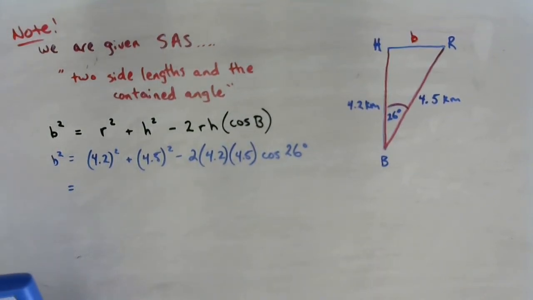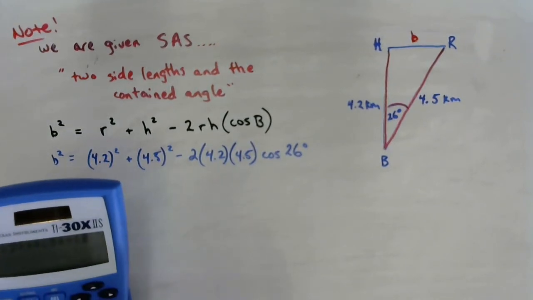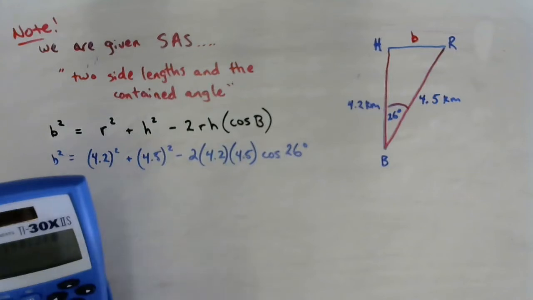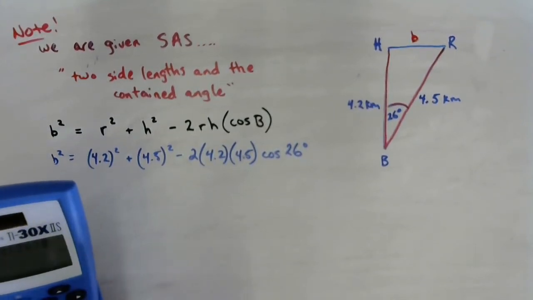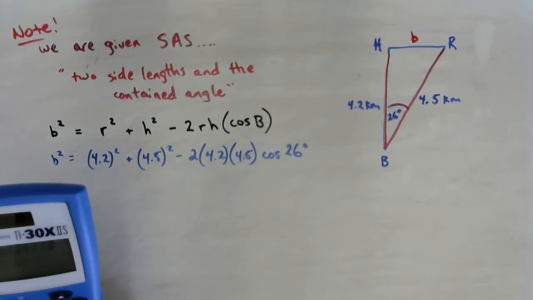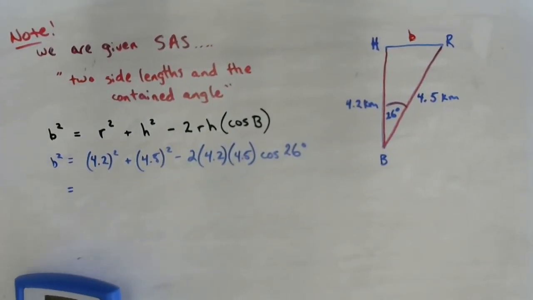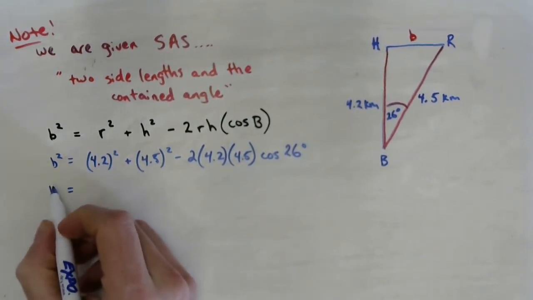But I'm going to just do a big bracket here. I'm going to put this whole next piece in brackets: 2 times 4.2 times 4.5 cosine 26, close that bracket, close that bracket. I can go through that a little more slowly with you if you need it.